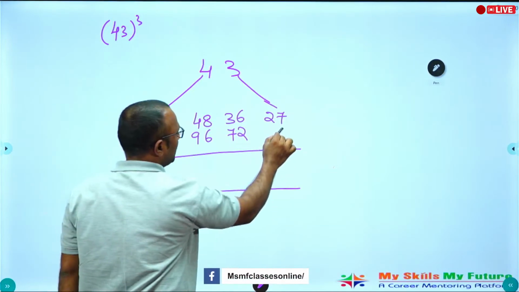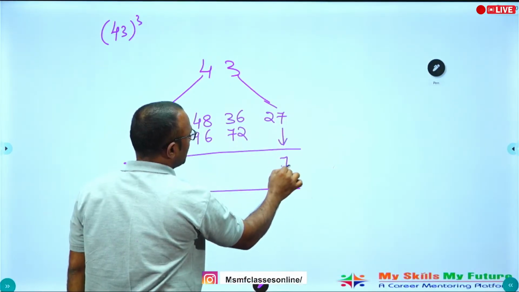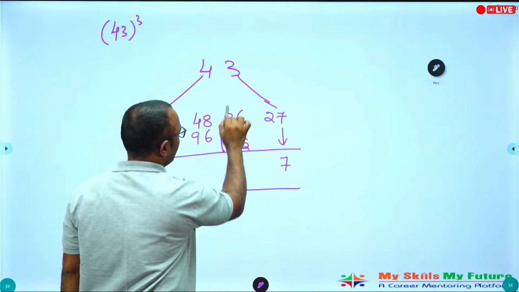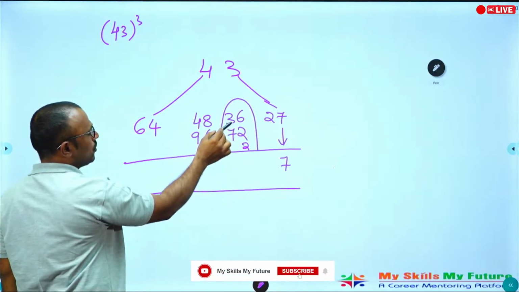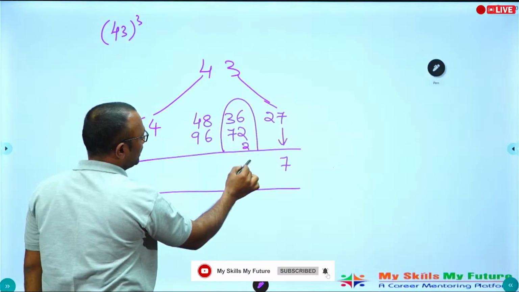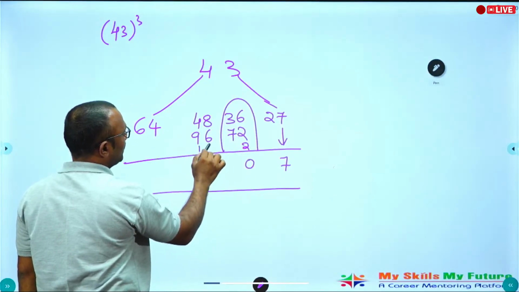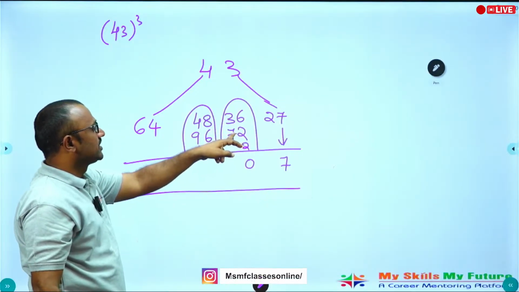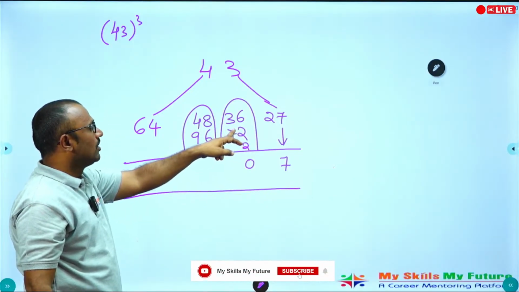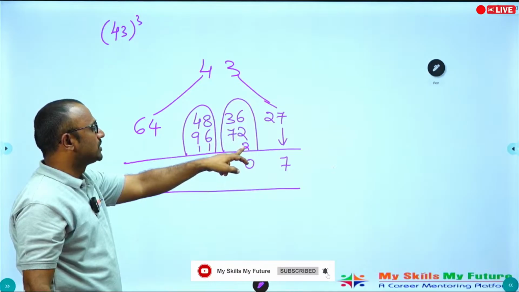Here we get a 7, send 2 here. So, 74 plus 36 is 110. You write 1 here. 36 plus 72 we get 108, plus 2 is 110.